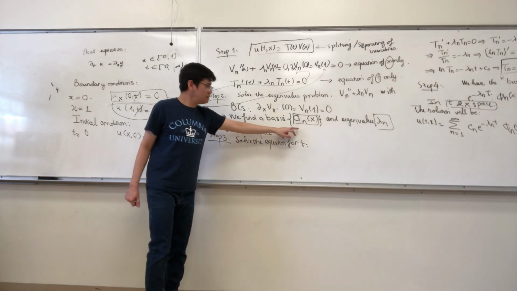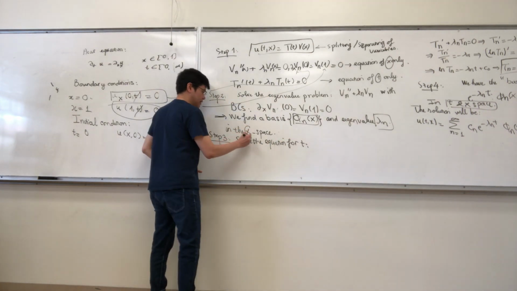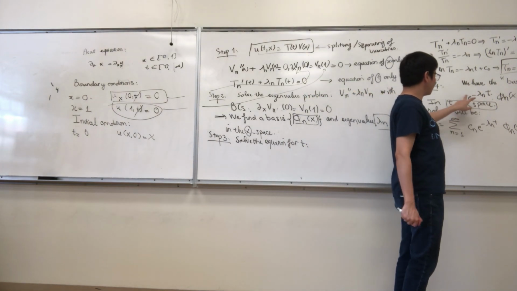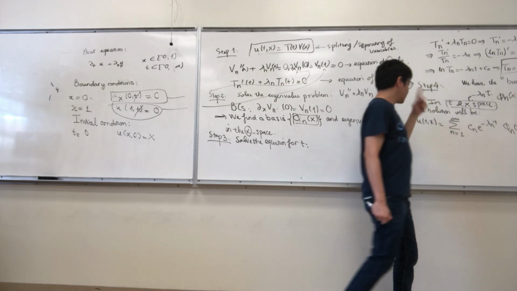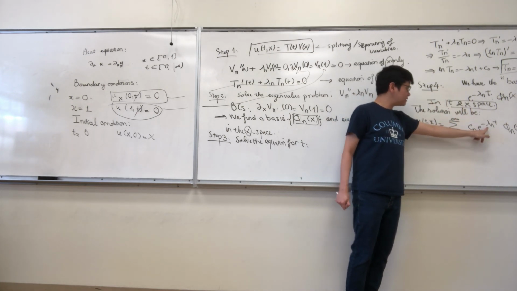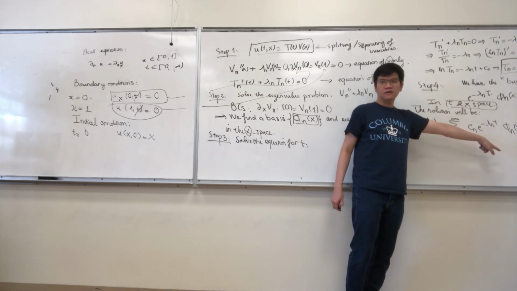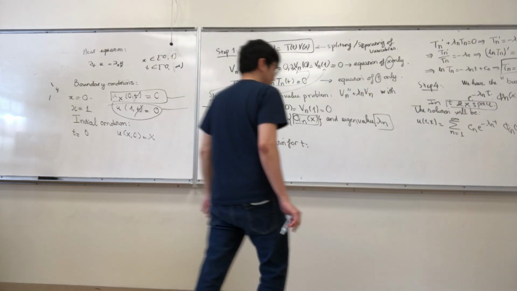In the previous class, Vn was just the basis in the x space. Here we are solving in two spaces, so you have a basis for t and x space as well. The solution will be the sum of Cn e to the power minus lambda n t Vn(x). Our task now is to find Cn.